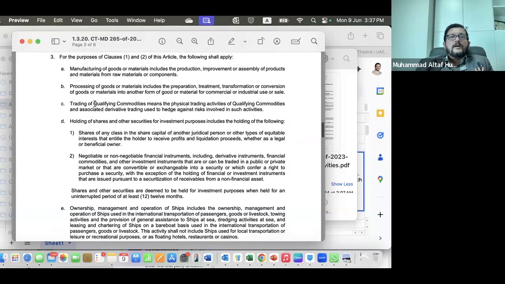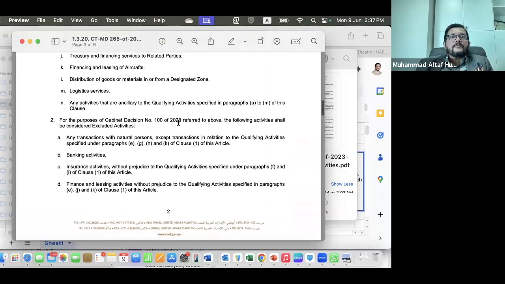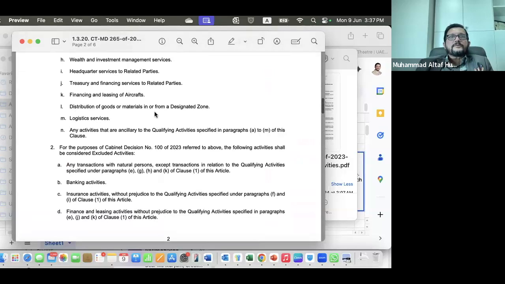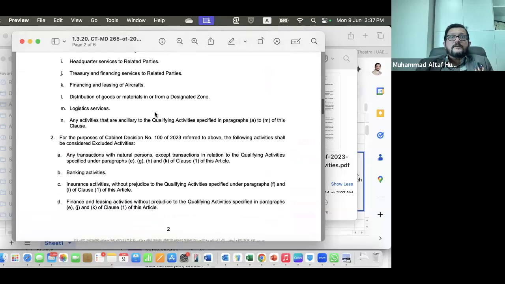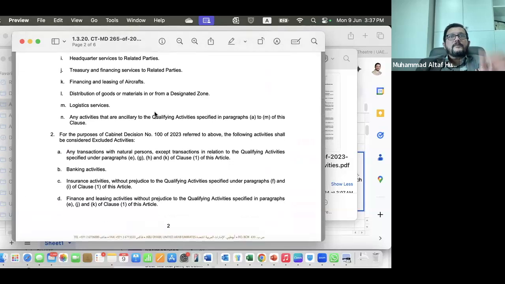Now, how would trading of qualifying commodities be different from distribution of goods? That's a question someone may ask, because it may be confusing. So the difference is distribution. Trading happens usually on a trading platform or an exchange. That's trading.